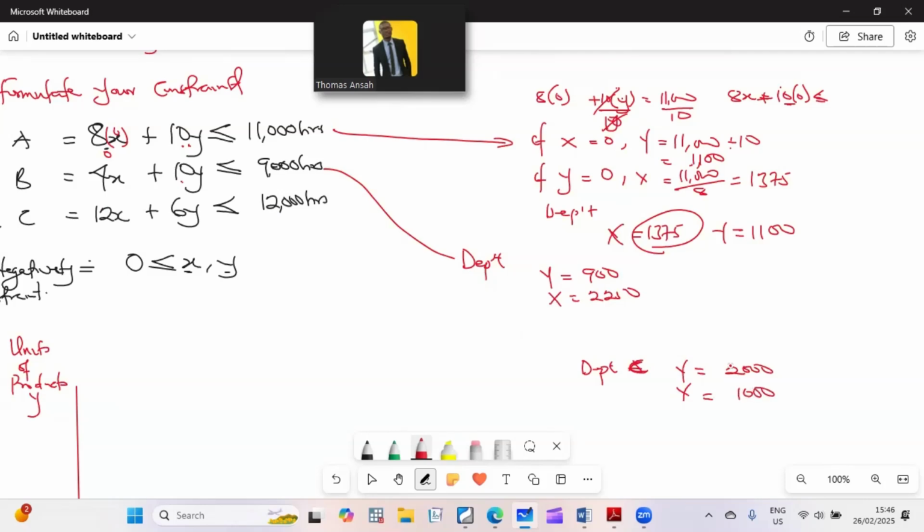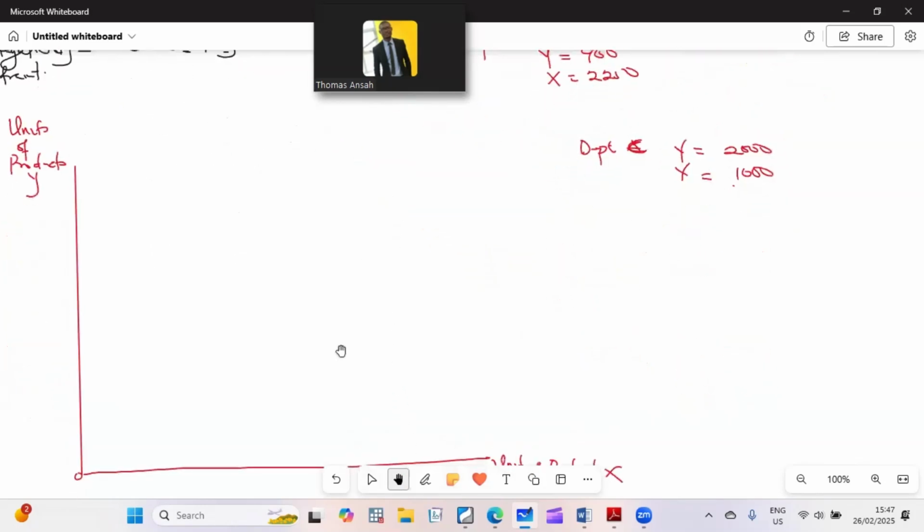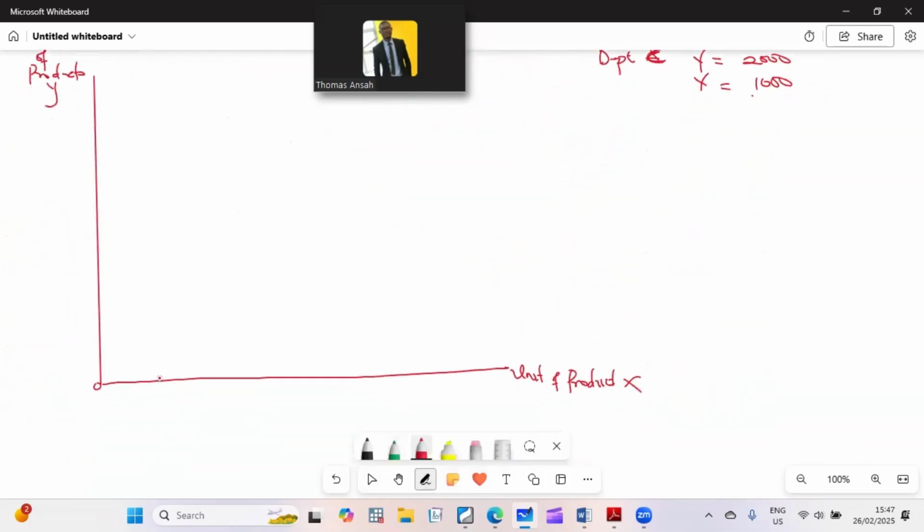So it means that on our axes, we can draw our line. What is the minimum X? The minimum X is 1,000. So we can put ranges here, starting from 0, so we can say 500, 1,000. Yeah, I think they are all like that. So 1,000.